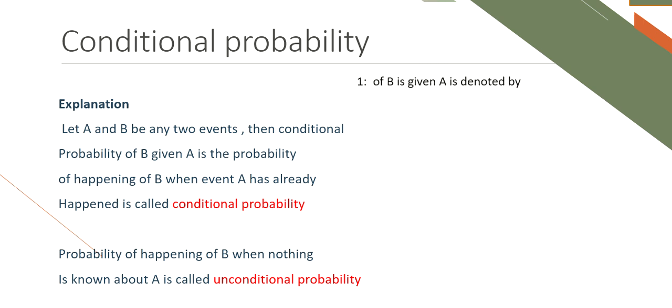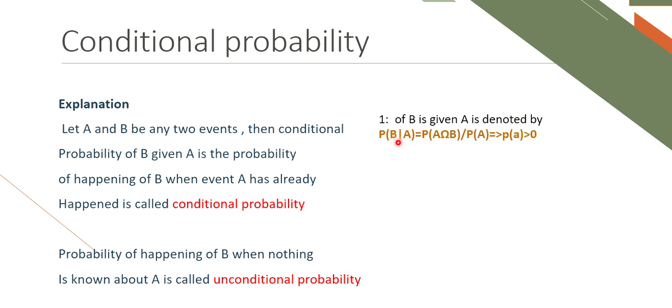Here it is given: the probability of B given A is the probability of A intersection B divided by the probability of A, provided that the probability of A is greater than 0. What does the probability of A greater than 0 mean? It means A has already happened and B knows it. Greater than 0 means it has happened. So how will you prove that? When you solve the problems, you will get to know it properly. For the time being, just remember this formula.